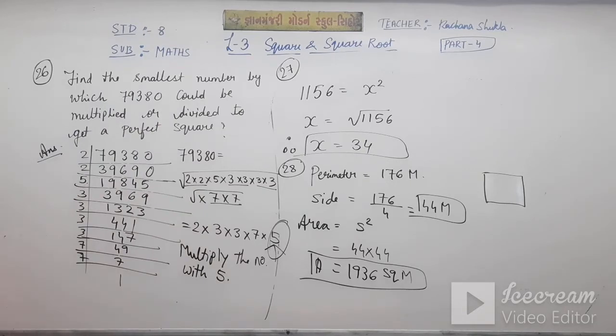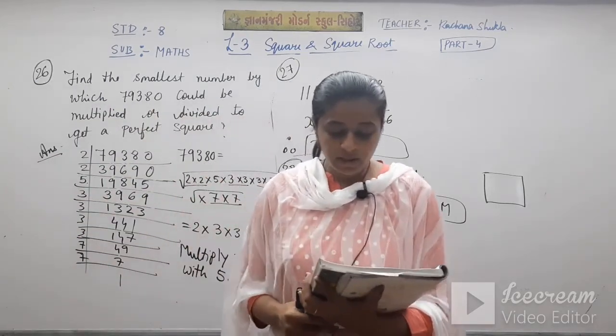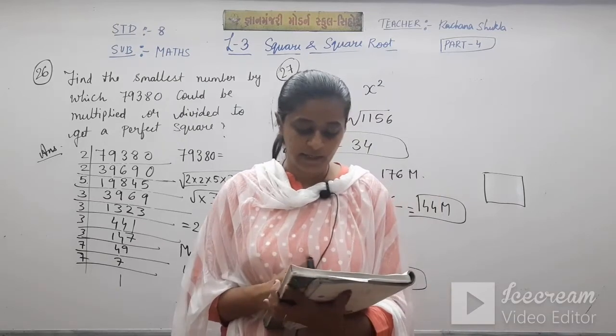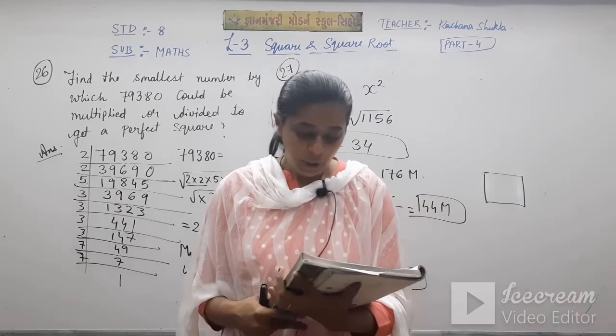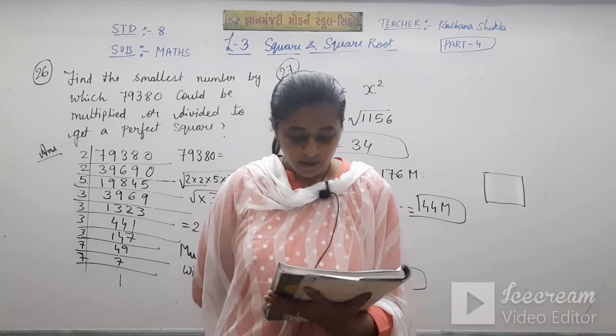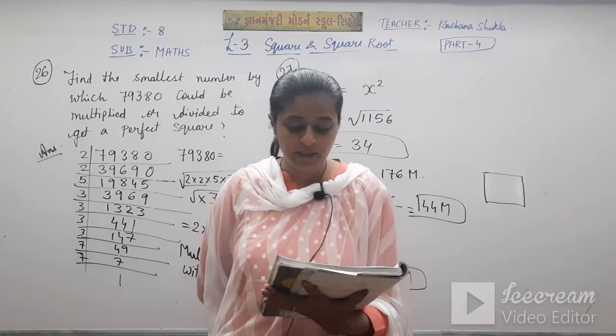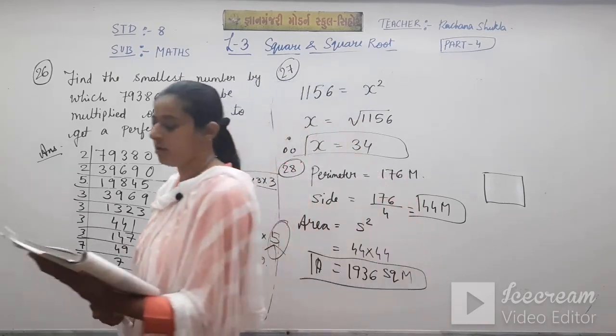Now let's see another example, and that is example 30. I am reading from the book. The question: the length and the breadth of a rectangular hall are 24 meter and 18 meter respectively. What is the length of the largest straight line that can be drawn on the floor of the hall?